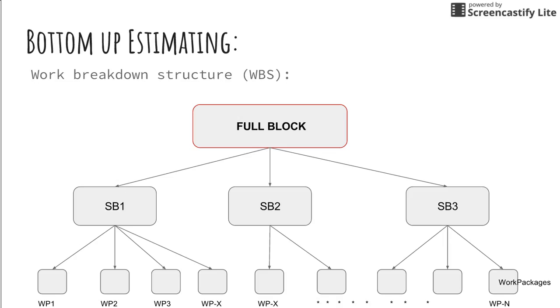The third type of estimation technique is bottom-up estimating. These are a more definitive form of estimate, and they make use of the work breakdown structure, where you have full blocks of work that are decomposed further down the levels.